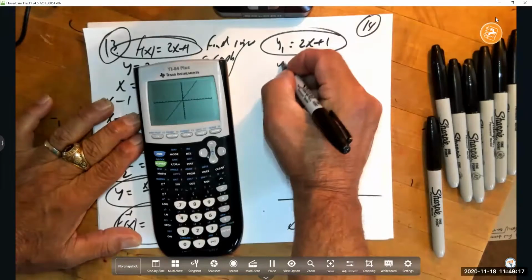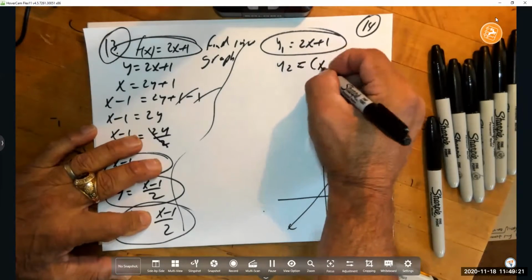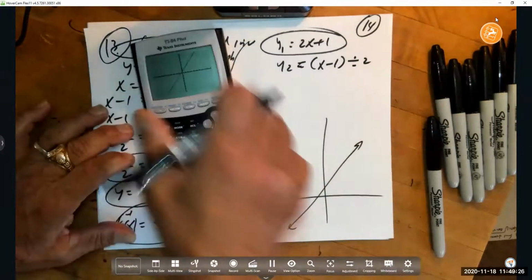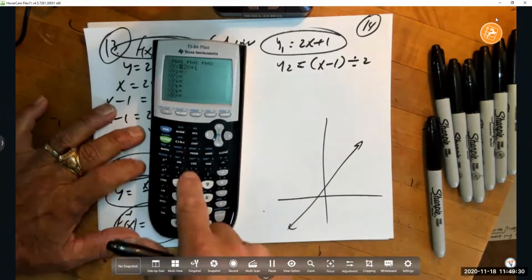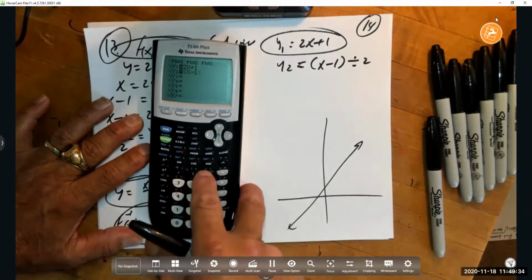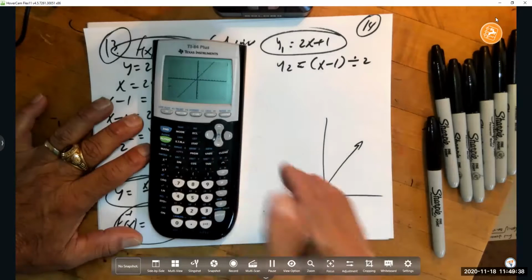Second one, y2 is going to be this one here, parentheses x minus 1, divided by 2. And hit graph.